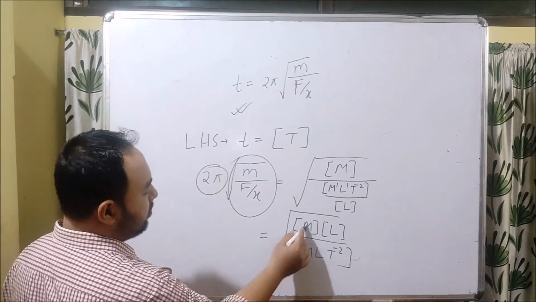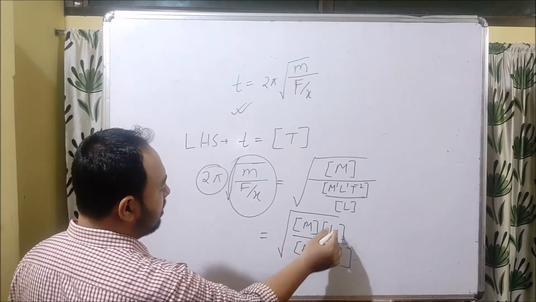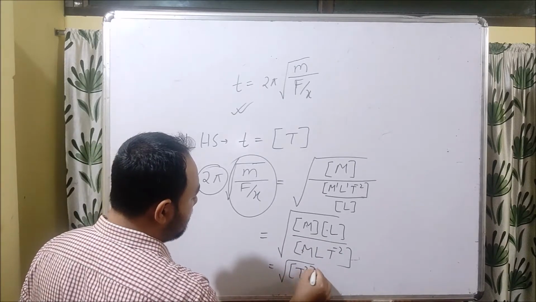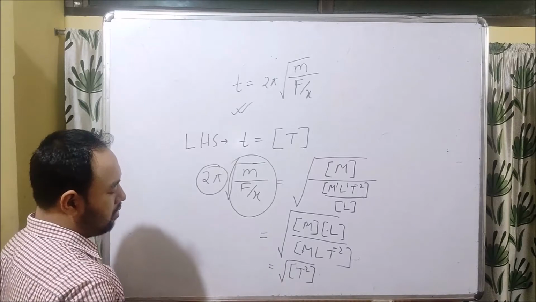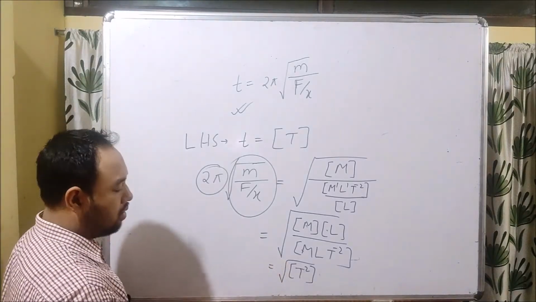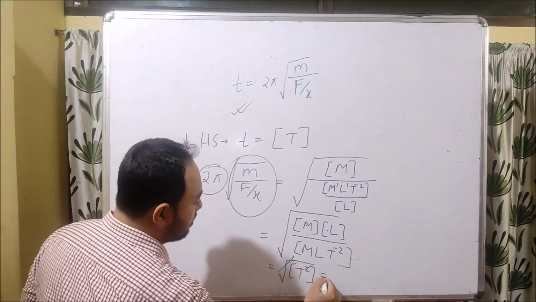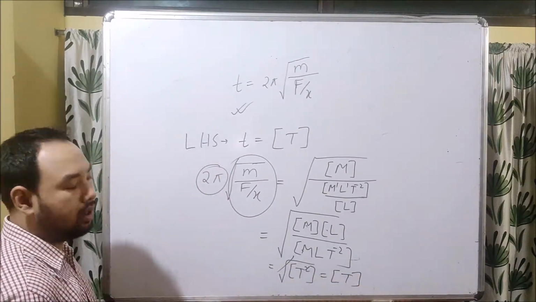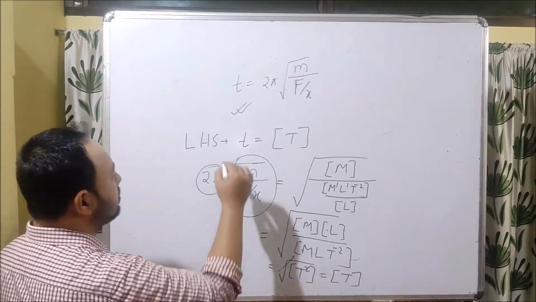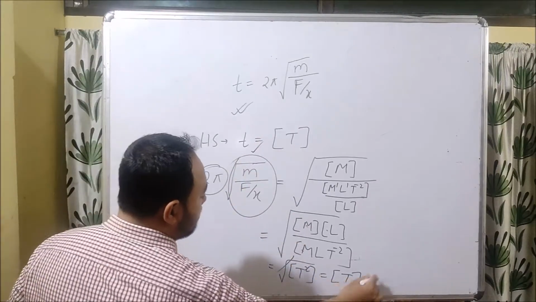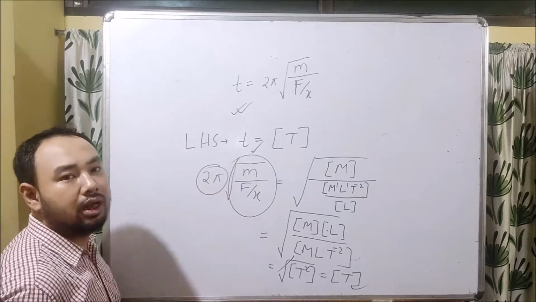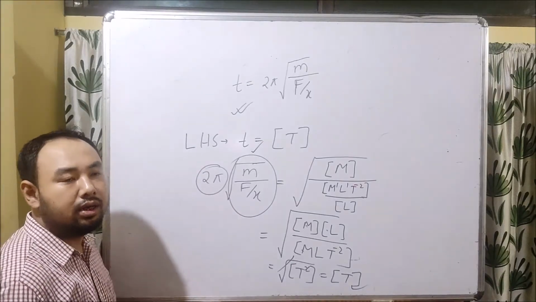Okay, so M will be cancelled, L will be cancelled, then it will be T square inside the square root. So if you cancel this, you will get the dimensional formula to be T to the power 1. So it is same in both the sides. So this equation can be said to be dimensionally correct.